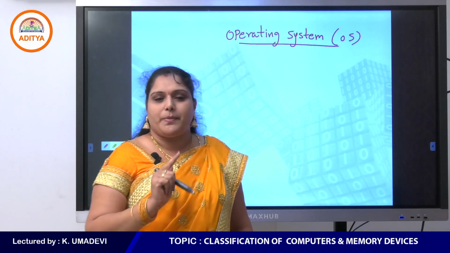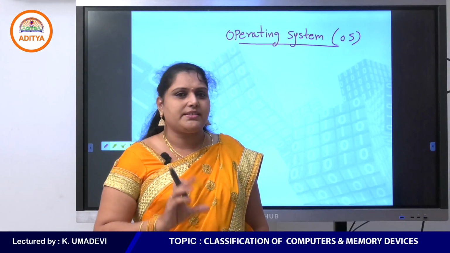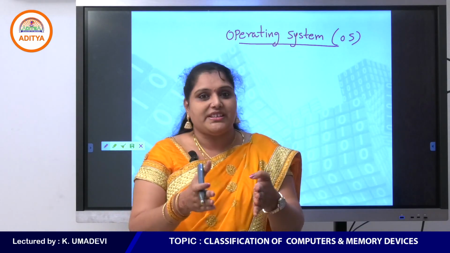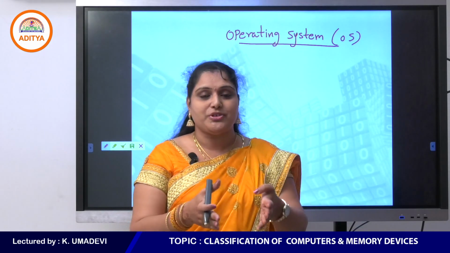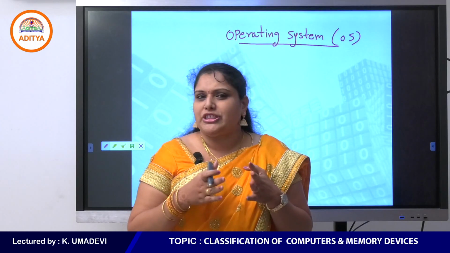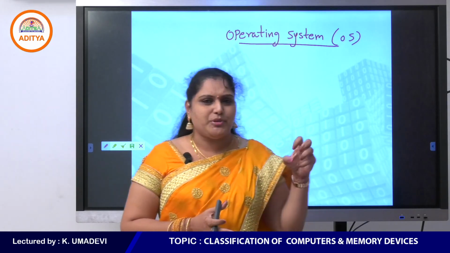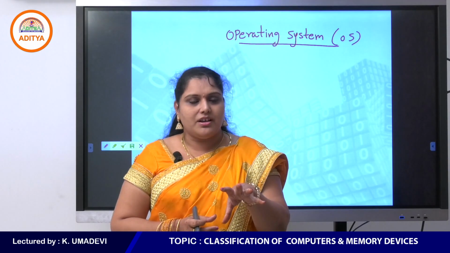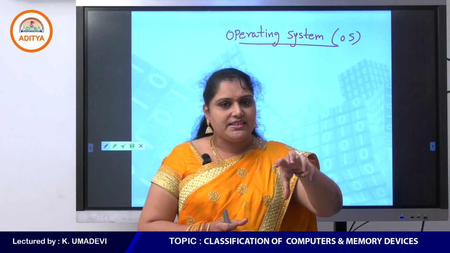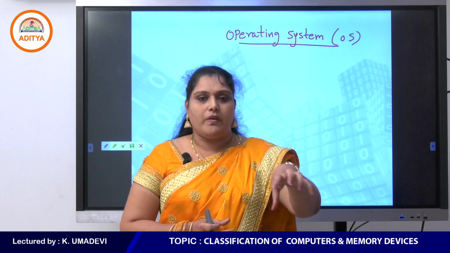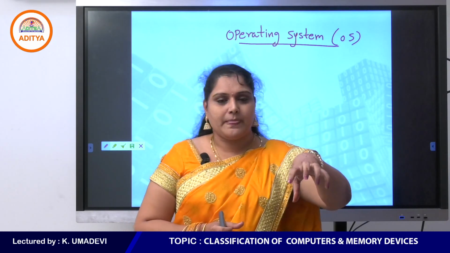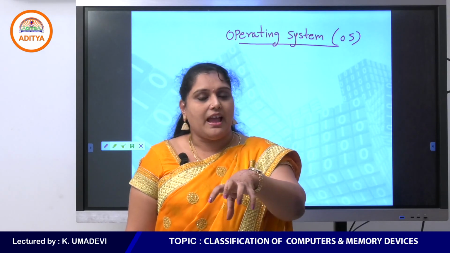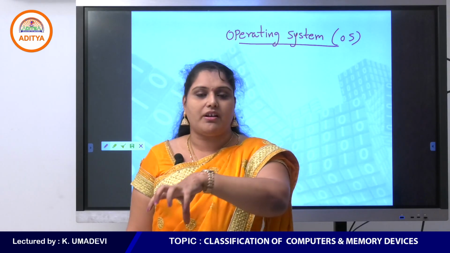So what is an operating system? Operating system is the most important software that runs on a computer. Am I right? Without an operating system, a computer is simply useless, or a mobile is useless. Why? Because the operating system manages the computer's memory, or any device's memory, and processes, as well as its software and hardware.